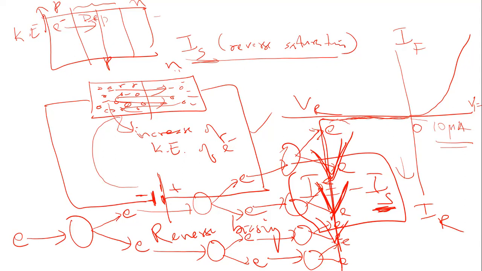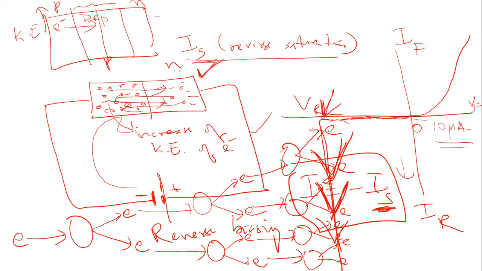Okay, if you apply a very large reverse voltage. So what I mean to say is that depending on the design or the fabrication of this diode, different diodes will have a certain reverse voltage that can be accommodated. Beyond such reverse voltage, the diode will burn, the diode will be damaged.